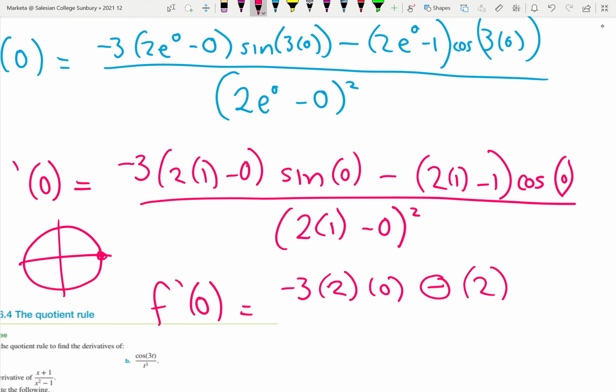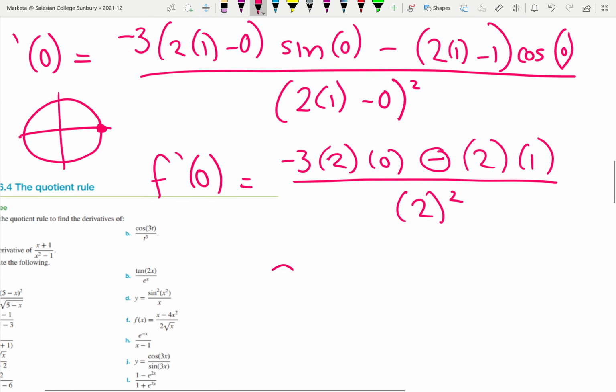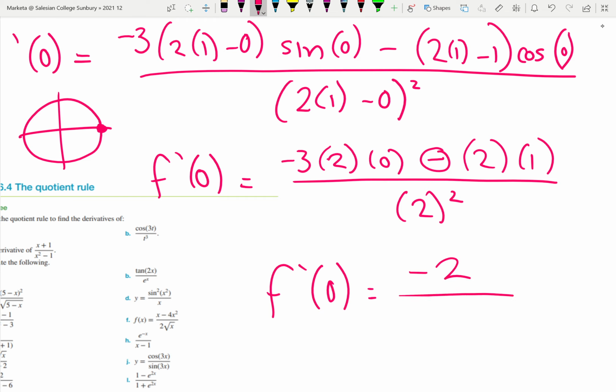And cos of 0: 0 is there, and cos is the x value, that's 1. Over 2 times 1 is 2, minus 0 is still 2 squared. So f dash of 0 equals 3 times 2 is negative 6, but we're timesing it by 0, so it's just 0. And then minus 2 times 1 is negative 2 over 4.